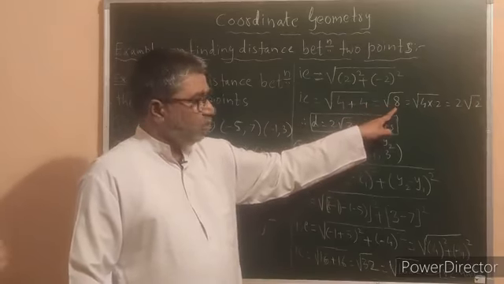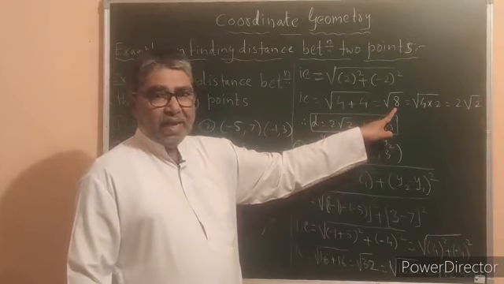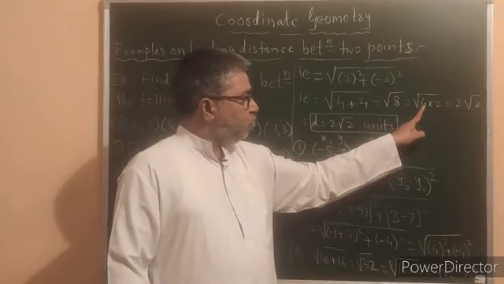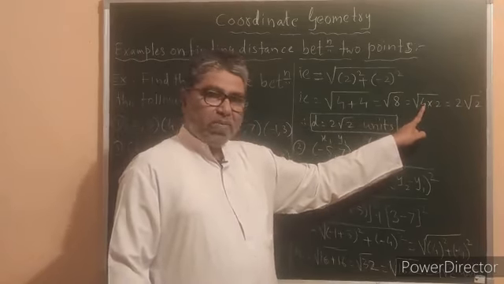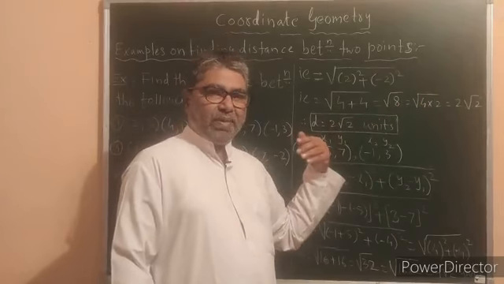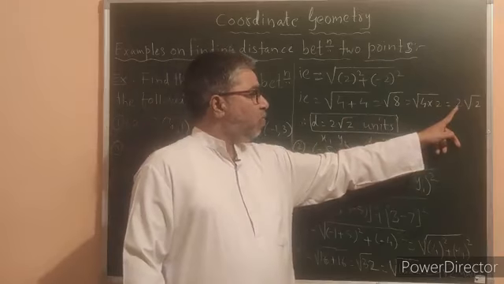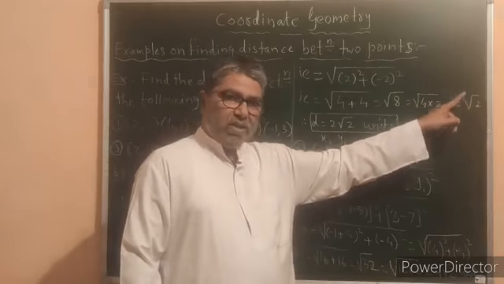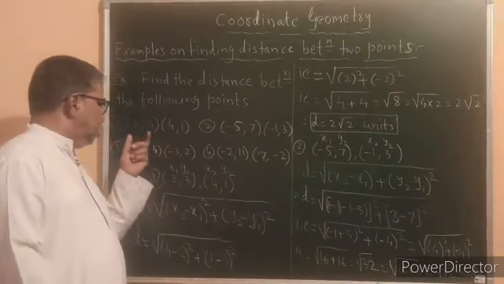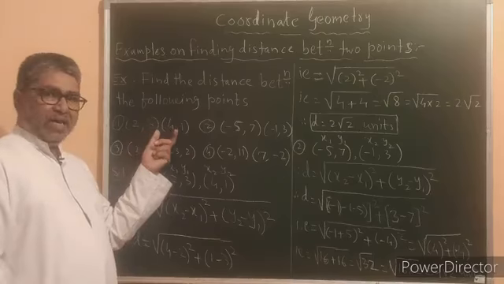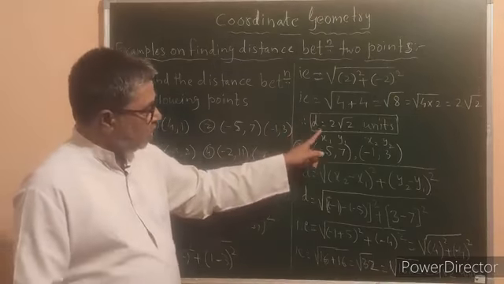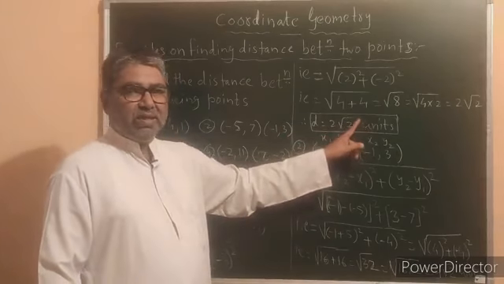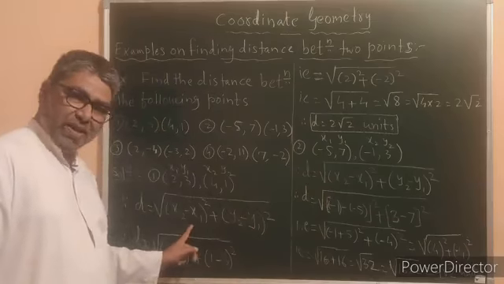Now split 8 into 2 factors such that one should be a perfect square, and that is nothing but 4 into 2, and 4 is a perfect square. Take it outside the root sign in the form of 2. So 2 root 2 units will be the distance between these 2 points (2, 3) and (4, 1). So therefore d is equal to 2 root 2 units. This is the solution for this first example.